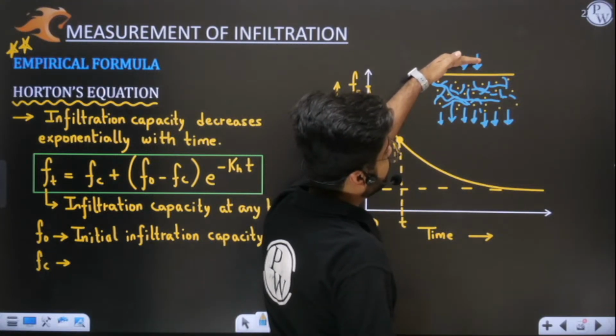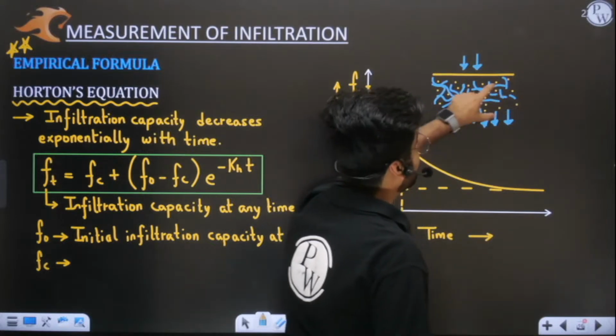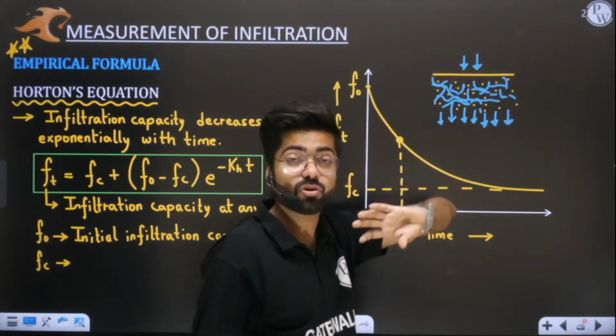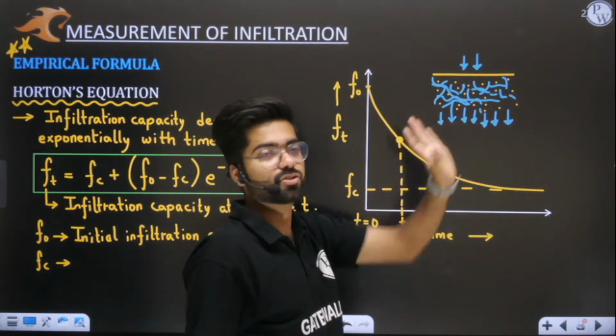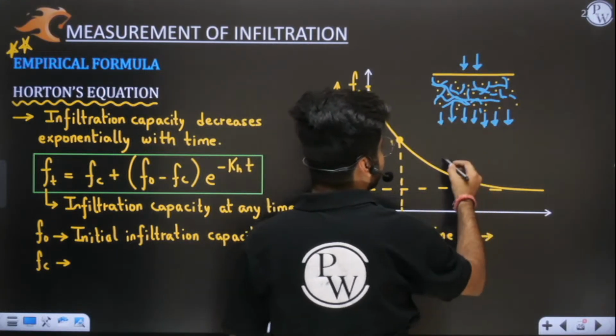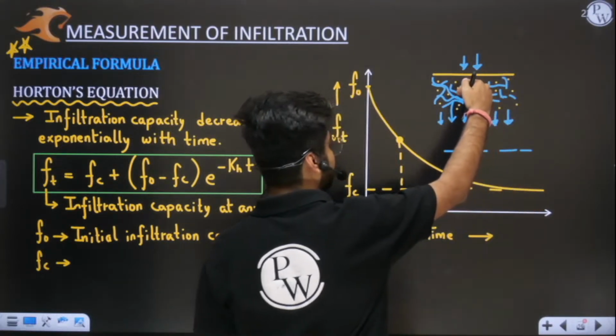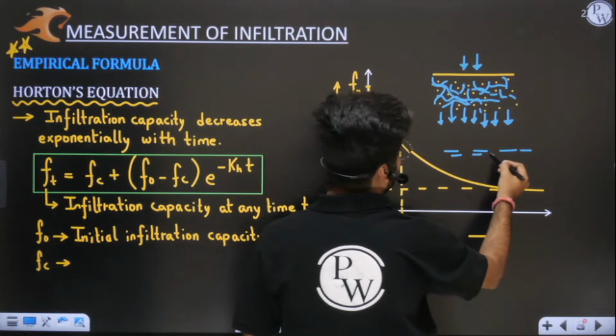Water will be continuously coming from here, and it is continuously going from here, but you will see that no storage of water is there in the voids, because all the voids are already saturated. Yes or no? So whatever water will come will go and join the groundwater table. Whatever water will come will percolate deep down and join your groundwater table.